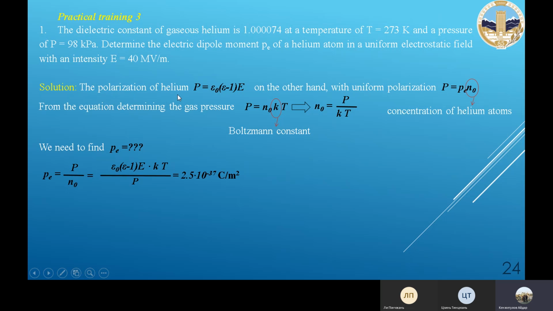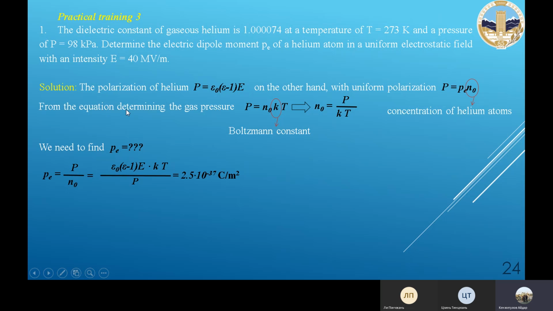The polarization of gallium. We have the polarization formula from the lecture, this one. On the other hand, with uniform polarization, we have this formula. This is the dipole moment, the polarization, and the concentration of the gallium atoms.